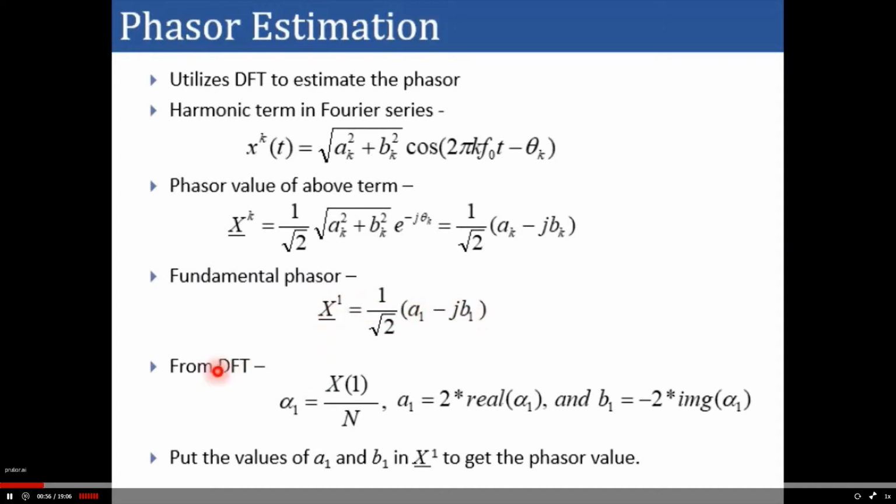The alpha 1, that is the Fourier series coefficient, can be calculated as X1 divided by the capital N number of samples. And how it is linked with a1 and b1: a1 equals 2 times the real value of alpha 1, and b1 is minus 2 times the imaginary value of alpha 1. So if we put these values, we will get the value of the fundamental phasor.